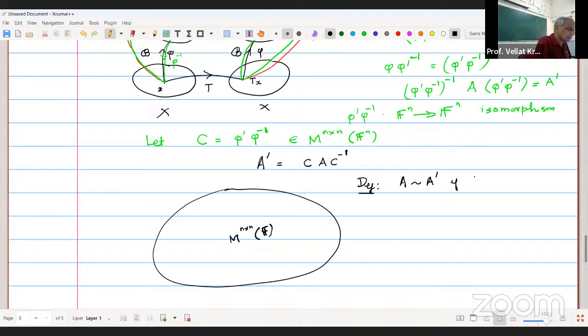If there exists an invertible C belonging to the set of n by n matrices such that C A C inverse is equal to A prime.